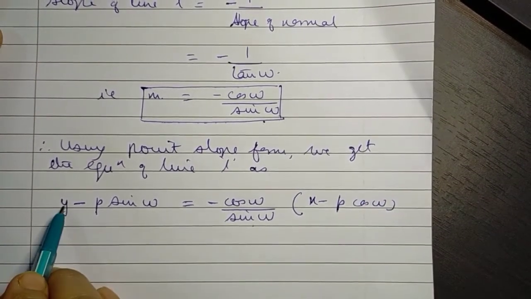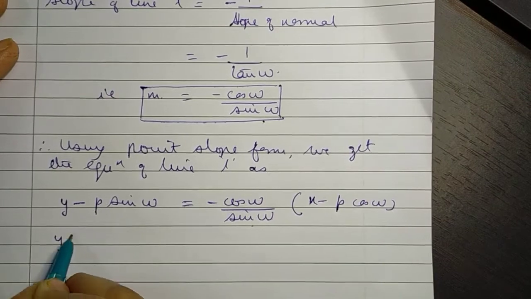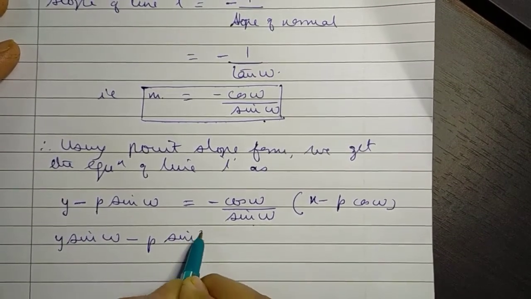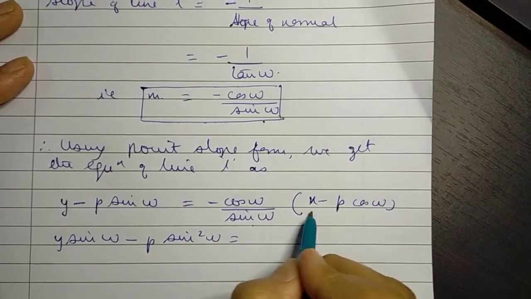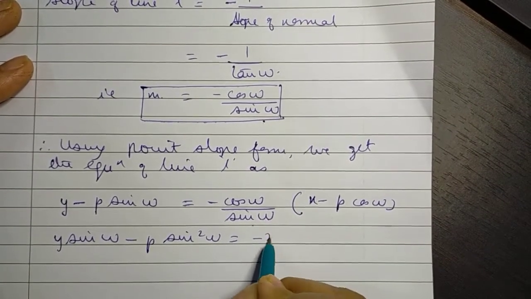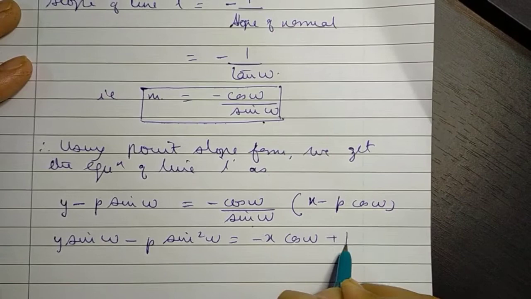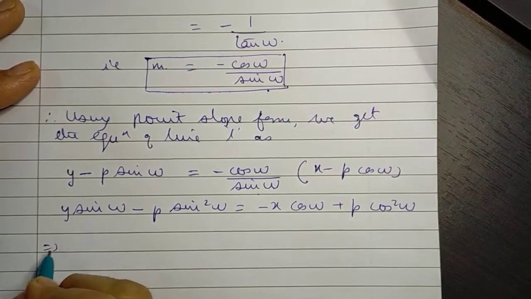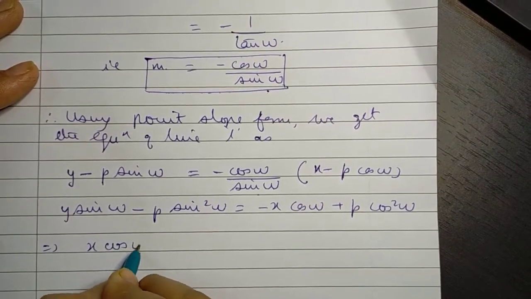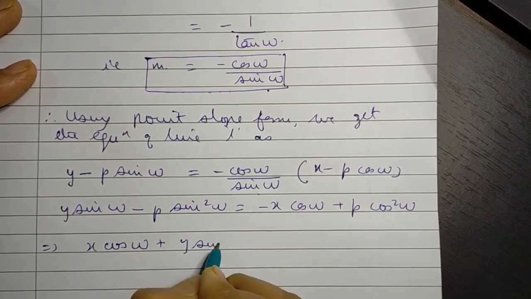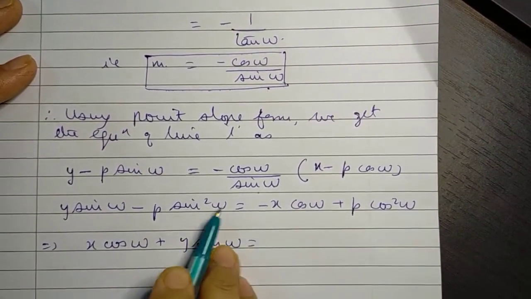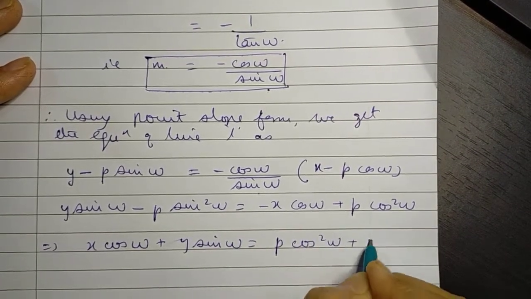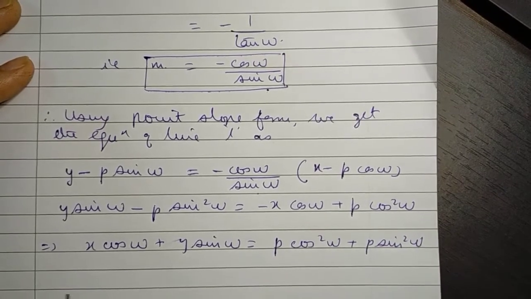Taking this to the left side, we get y sin omega minus P sin squared omega is equal to, you open this, we get minus x cos omega plus P cos squared omega. Rearranging, we get x cos omega plus y sin omega is equal to, take this to the other side, P cos squared omega plus P sin squared omega.